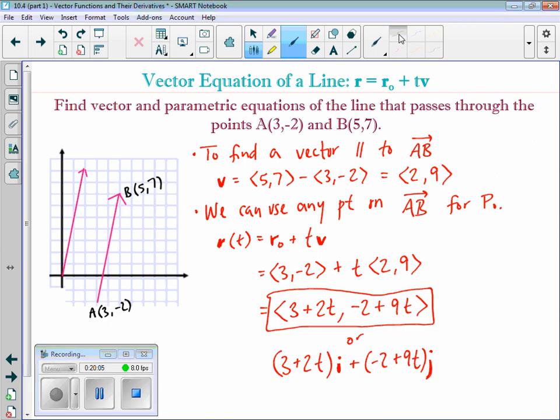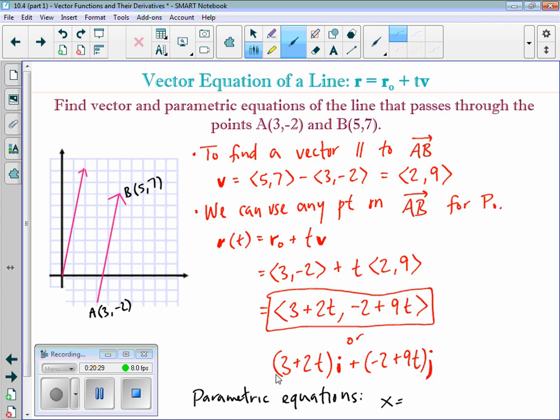Okay, so if we had to come up with what the parametric equations are with this, it'd be what? So 3 plus 2t is your what? X. So when it says find vector and parametric equations, we just found the vector equation here.